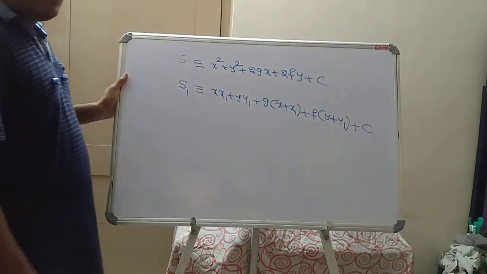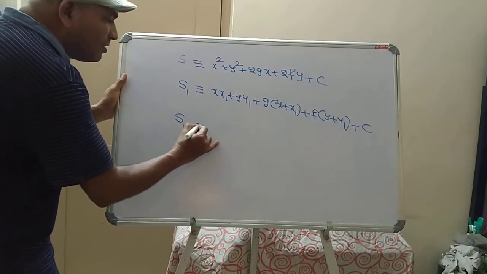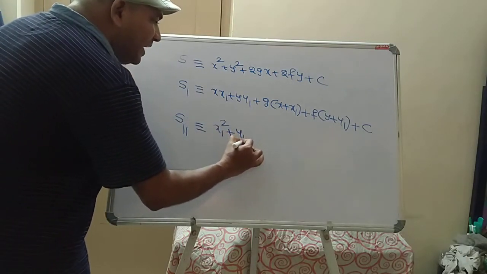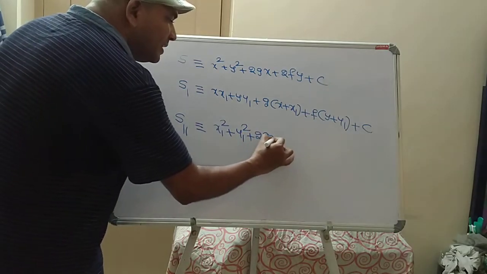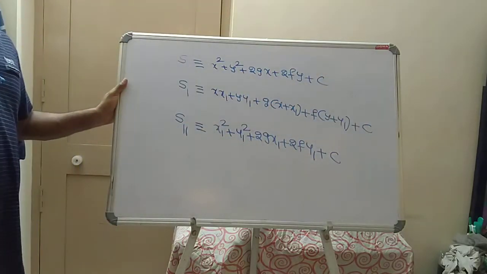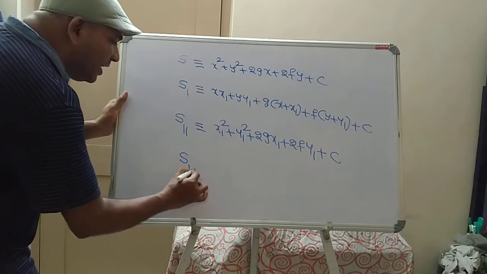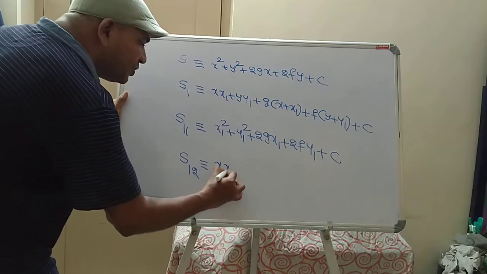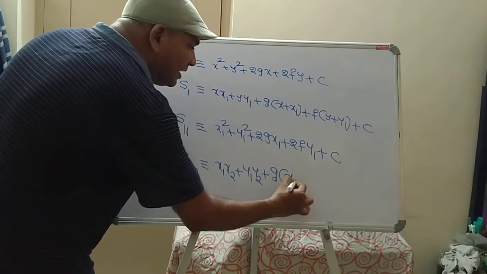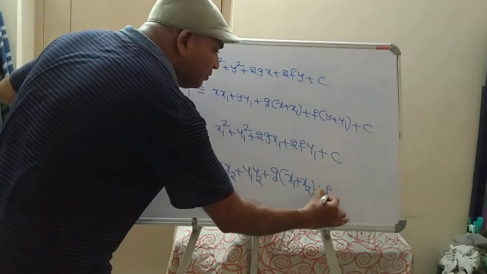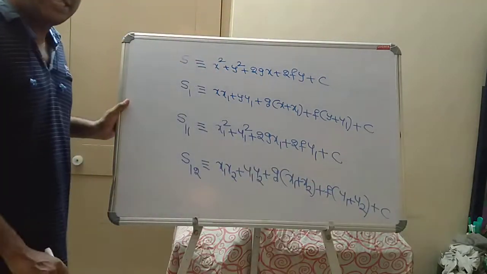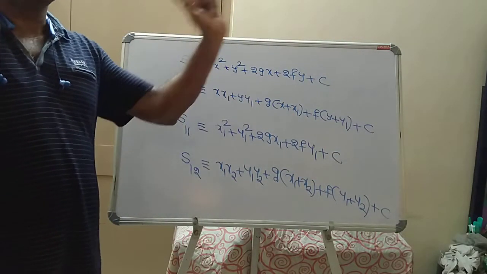Next, S11 = x1² + y1² + 2gx1 + 2fy1 + c. Next, S12 = x1x2 + y1y2 + g(x1 + x2) + f(y1 + y2) + c. These are the notations we are using in this chapter, circles.